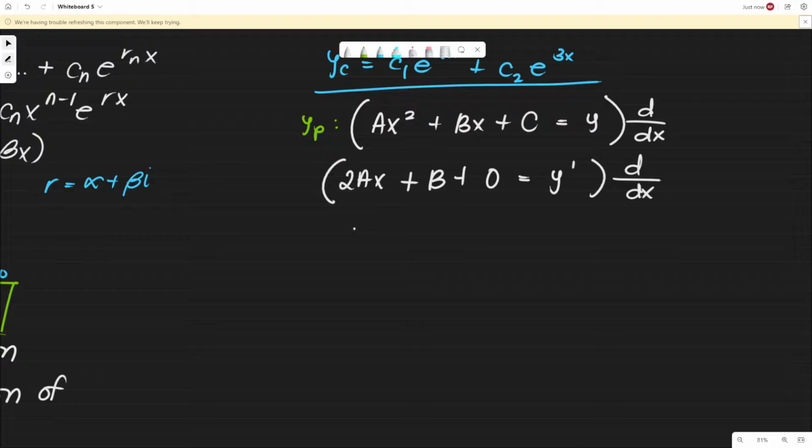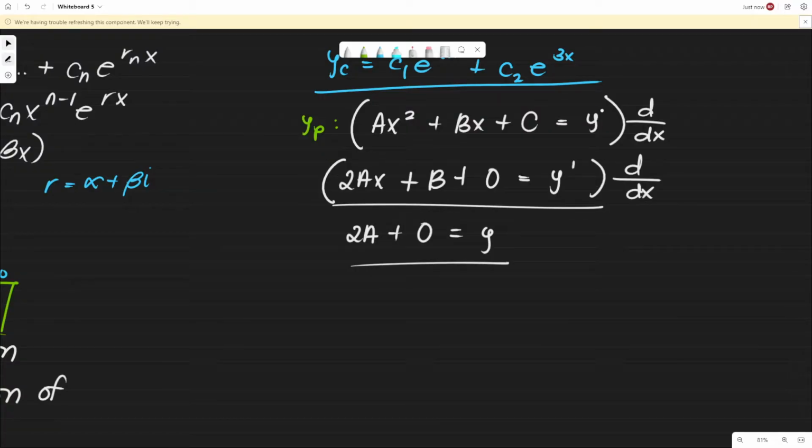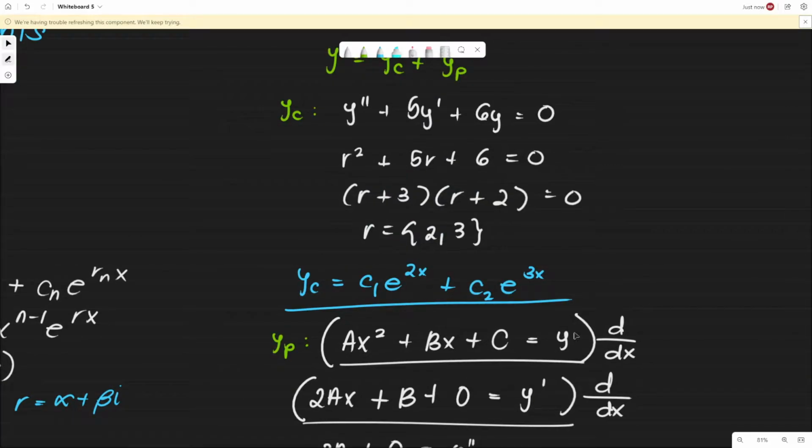So we have here 2a, plus 0, is equivalent to y double prime. Okay, now, itong mga to, yung ating y, y prime, at saka y double prime, isa-substitute natin yan dun sa original given natin na naka-equate dun sa right side.